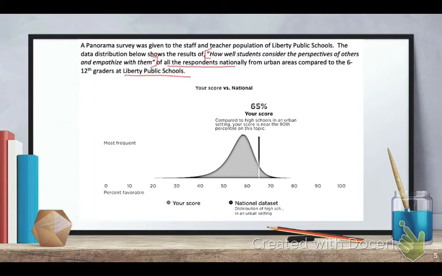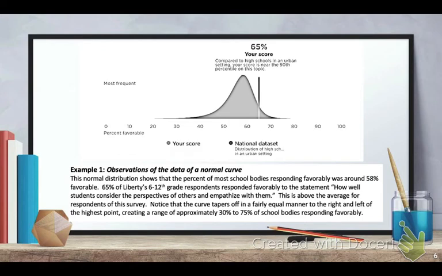So what we do notice is that it is in the upper end of the data set, and the mean is right around 58%. So nationally, on average, 58% responded favorably to that statement. So this normal distribution shows that the percent of most school bodies responding favorably was around 58 favorable, but 65% of Liberty's 6th through 12th grade respondents responded favorably to the statement.